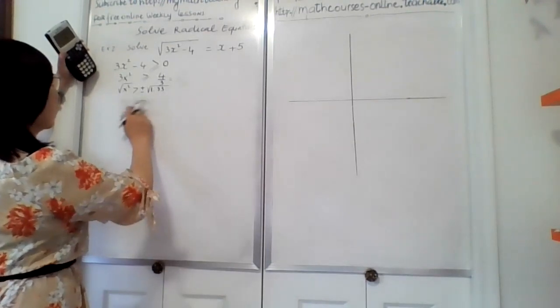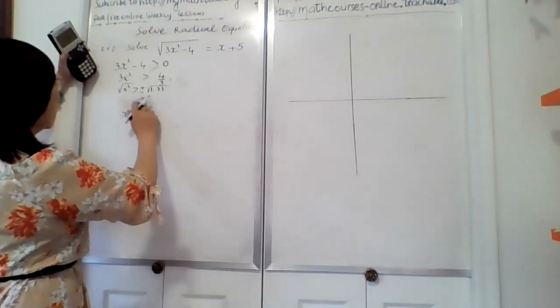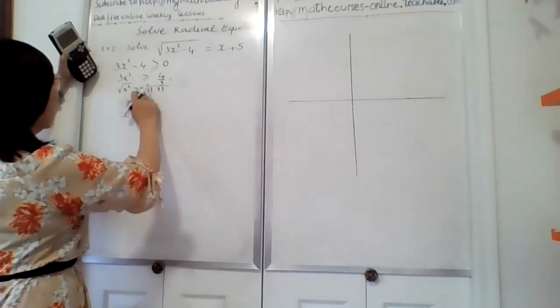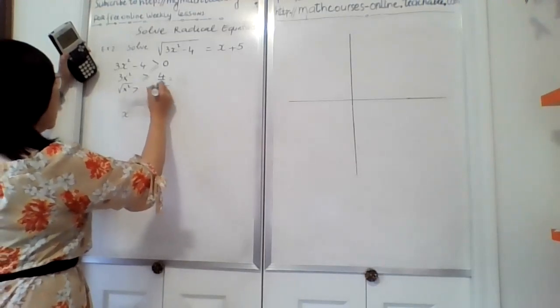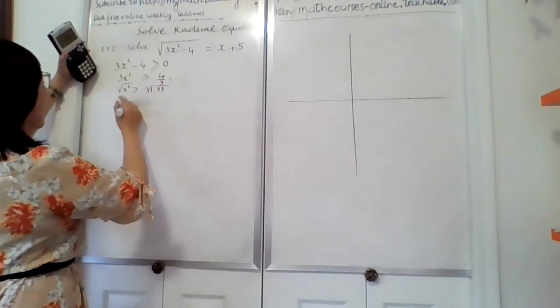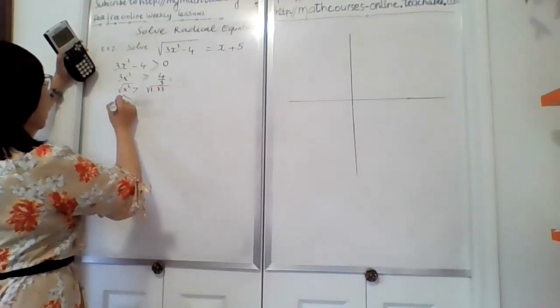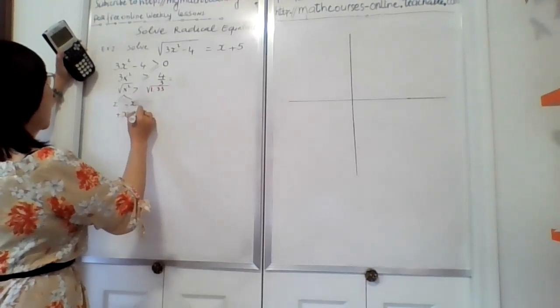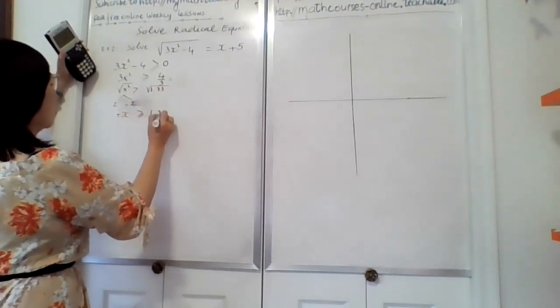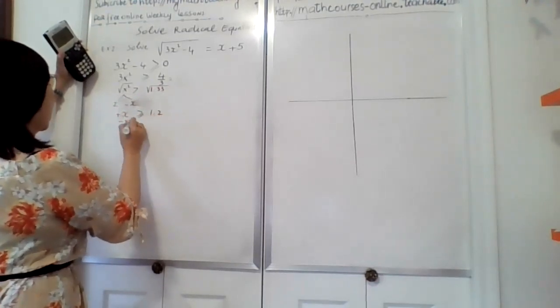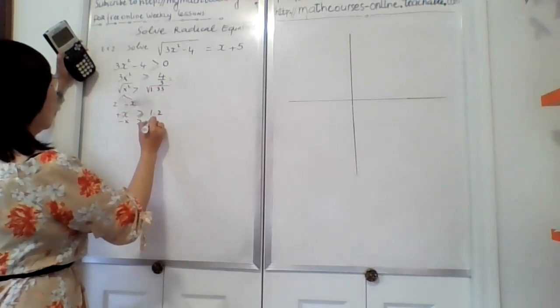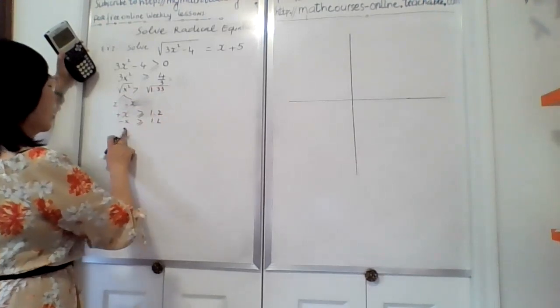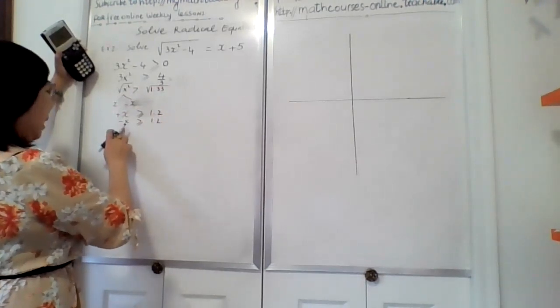To make it easy, we just say the square root of this number is this number. But we have positive x and we have negative x. So positive x has to be bigger than or equal to 1.2. And negative x has to be bigger than or equal to 1.2.